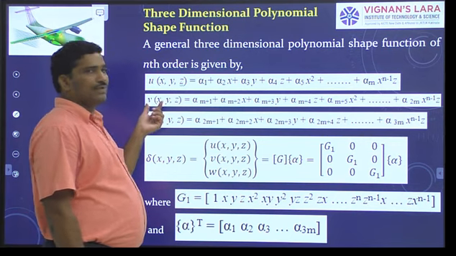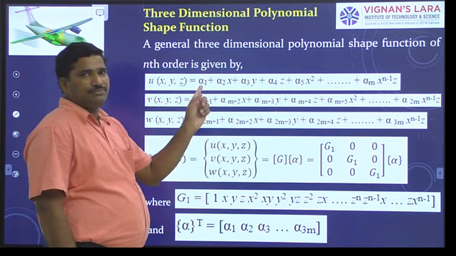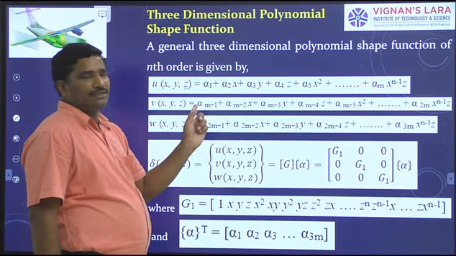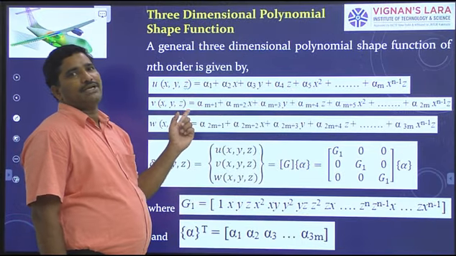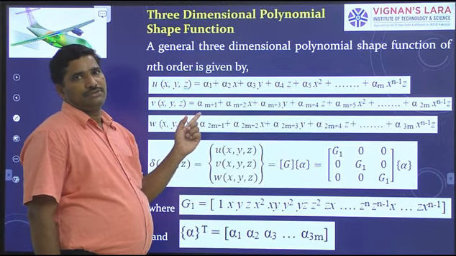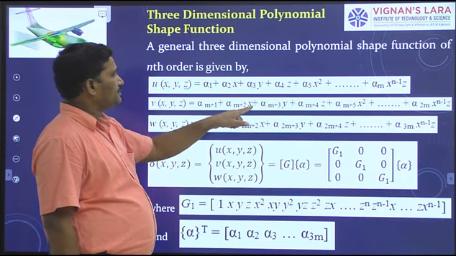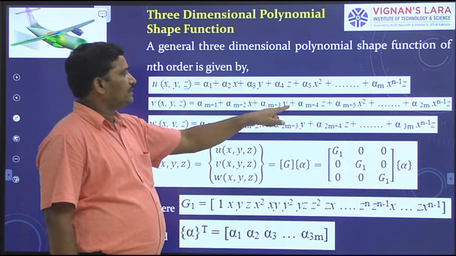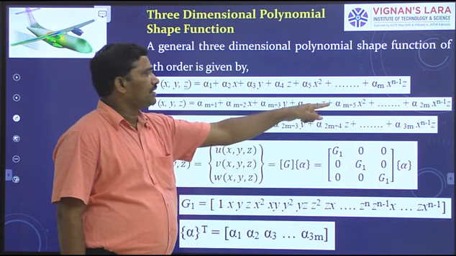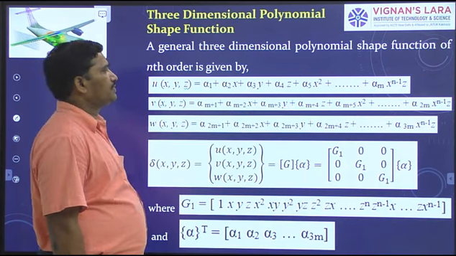Next, v equals to, what is the next term? The next term you write, taking the next generalized coefficient. Okay, now alpha m plus 1 plus alpha m plus 2 into x plus alpha m plus 3 into y plus alpha m plus 4 into z plus alpha m plus 5 into x square and so on and so forth.